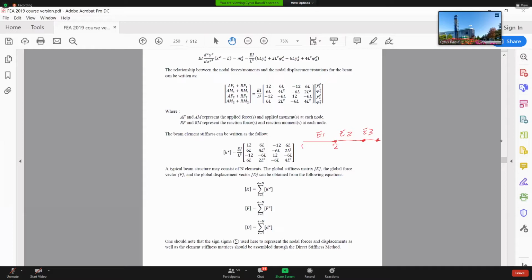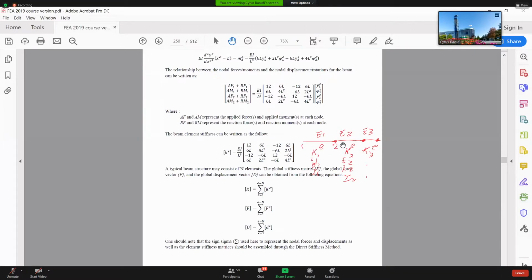Now, for here I have K1, for here I have K2, and here I have K3. Those are element stiffness matrices, and for each one I have L1, E1, and I1, then E2, L2, and I2, and so on. Then for each of those, you're going to calculate the element stiffness matrix.